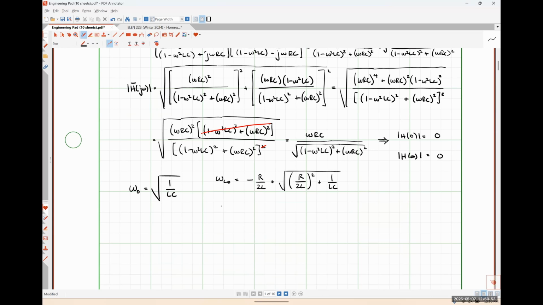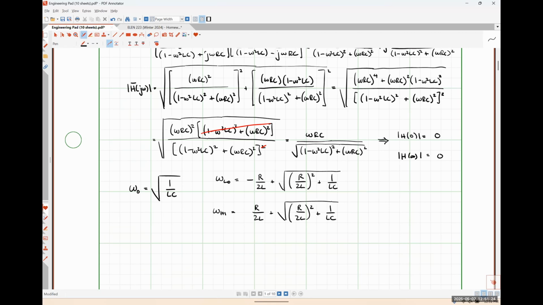Okay. Omega high is positive R over 2L plus the square root of R over 2L squared plus 1 over LC, all of that underneath the square root. And again, it's just one of those natural frequencies for a series RLC circuit, except that it's now a positive frequency instead of a negative frequency.